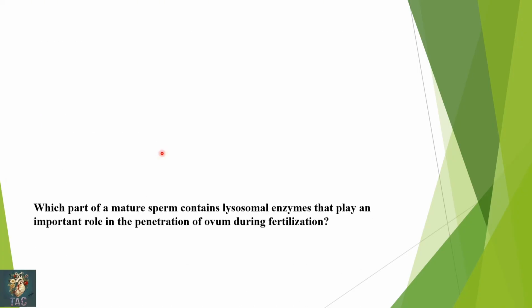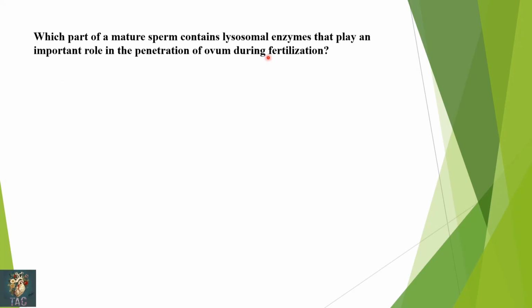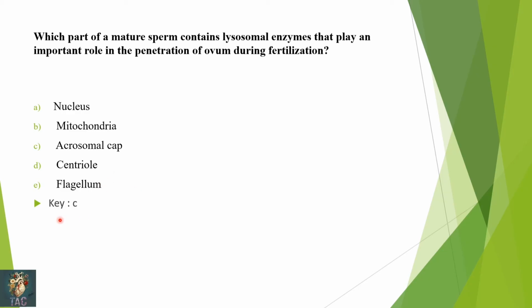Which part of the mature sperm contains lysosomal enzymes that play an important role in penetration of the ovum during fertilization? It may be the nucleus, mitochondria, acrosomal cap, centriole, or the flagellum. So the correct option is the acrosomal cap. Next MCQ: which structure is derived from the same embryonic primordium as the dorsal root ganglia?